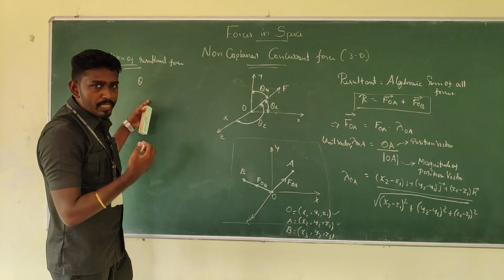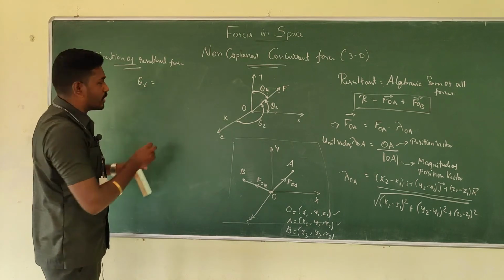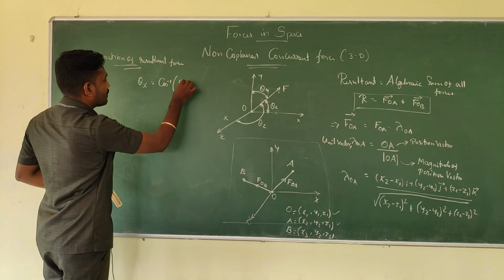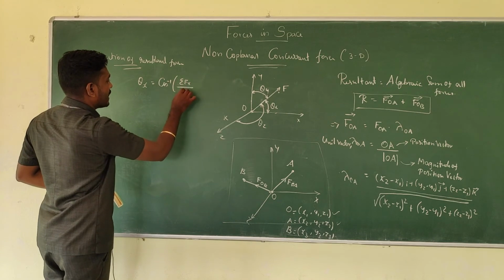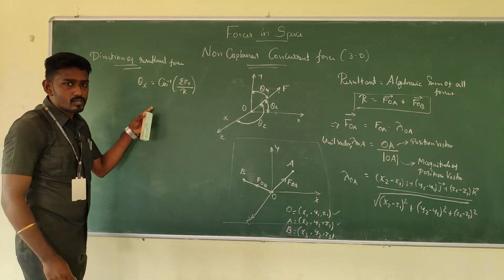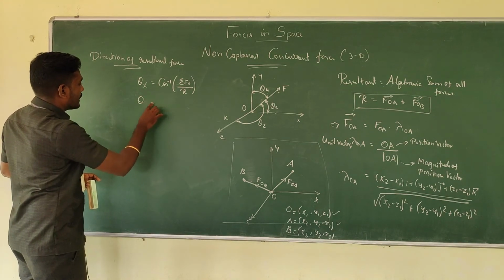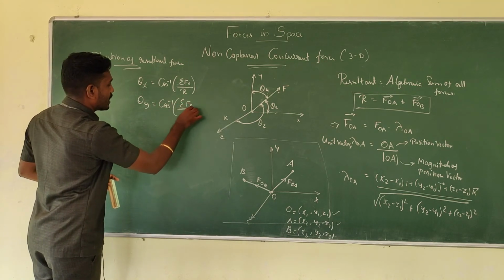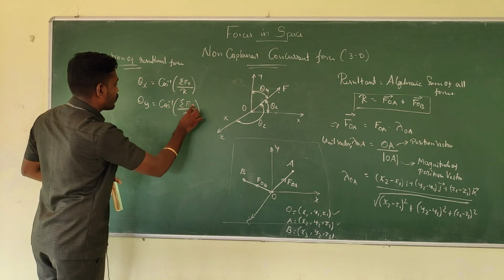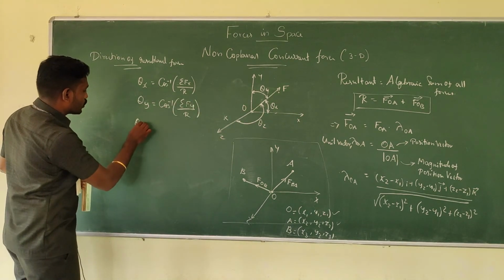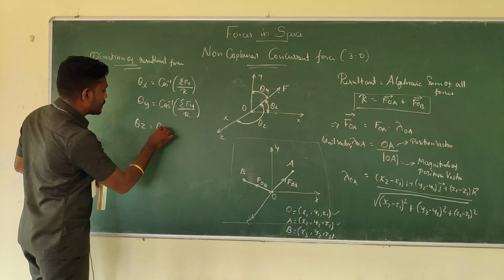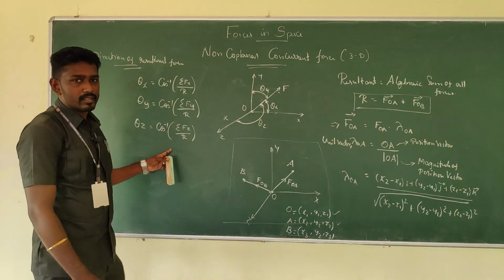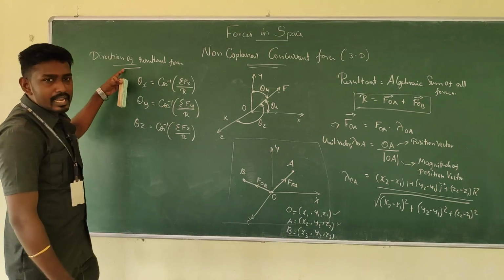Theta x is equal to cos inverse of summation of Fx divided by the resultant R. To find theta y with respect to the y axis, it will be cos inverse of summation of Fy divided by R. If you are going to find theta z, then cos inverse of summation of Fz divided by R. This is how we form the resultant force direction.